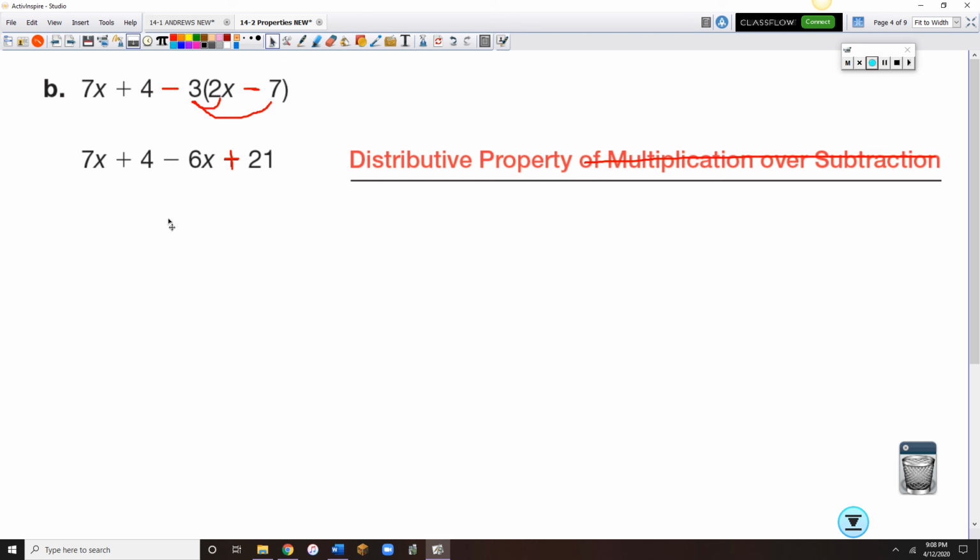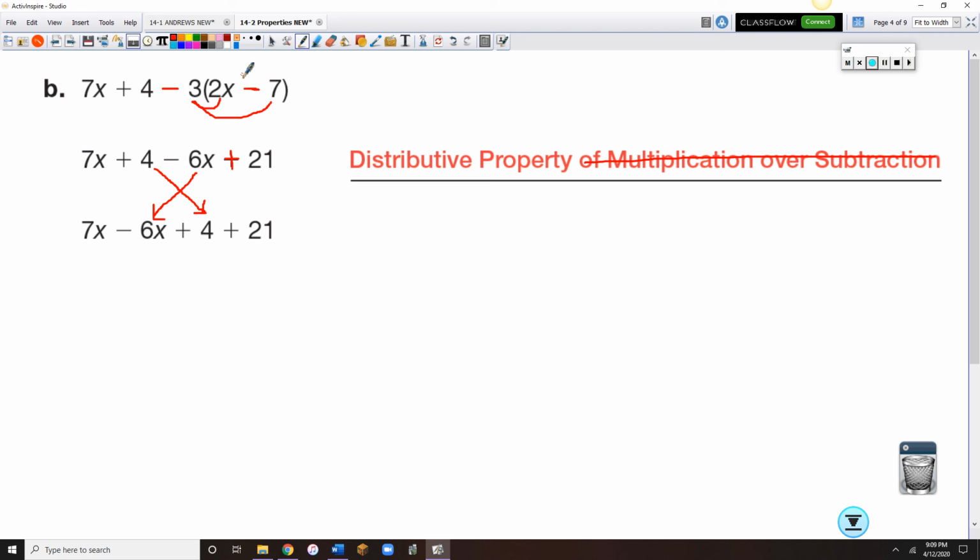Okay. Our next step, let's see what it looks like. Okay, what's different? 7x plus 4, oh, that's a minus 6x. So what I see is that these two things have switched places.